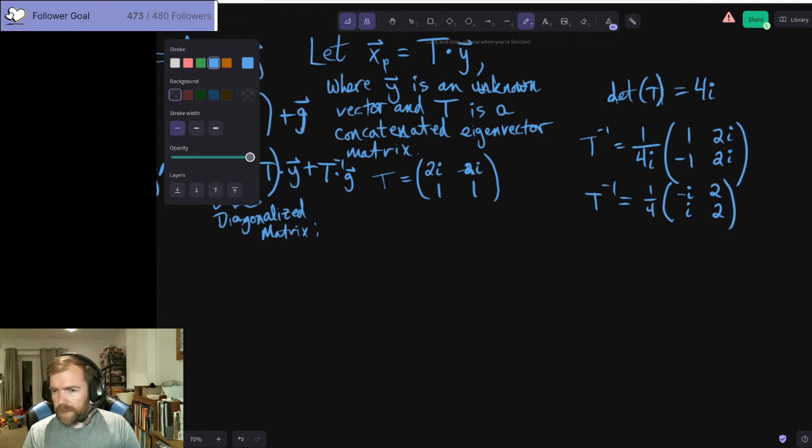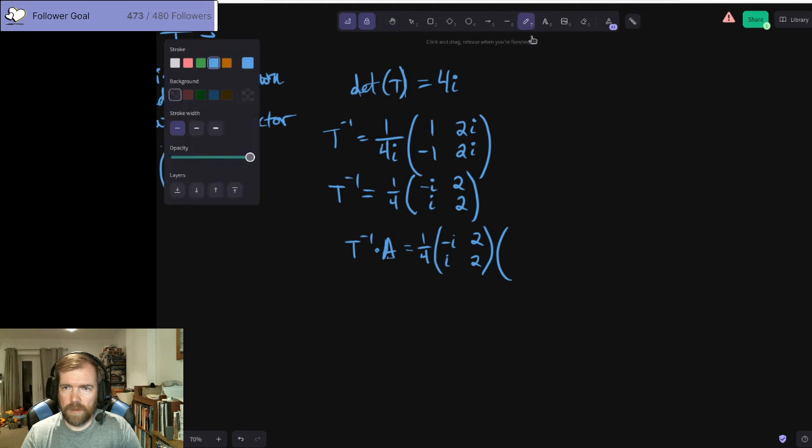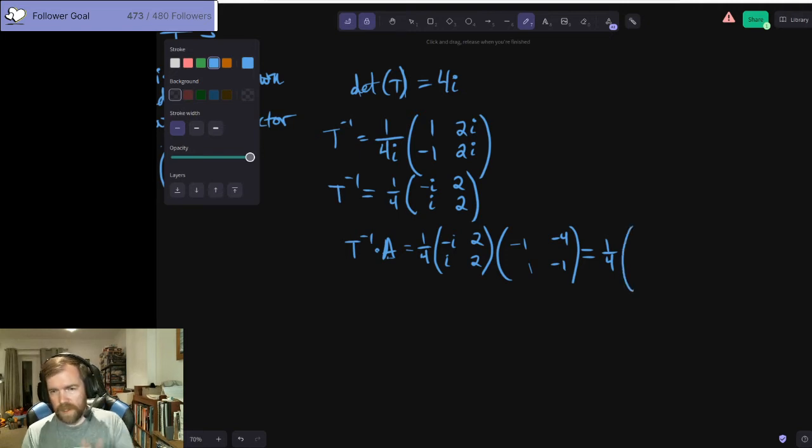So if we multiply T inverse by A, we get that 1/4 negative i, i, 2 with -1, -4, 1, -1, which is 1/4 times the matrix.